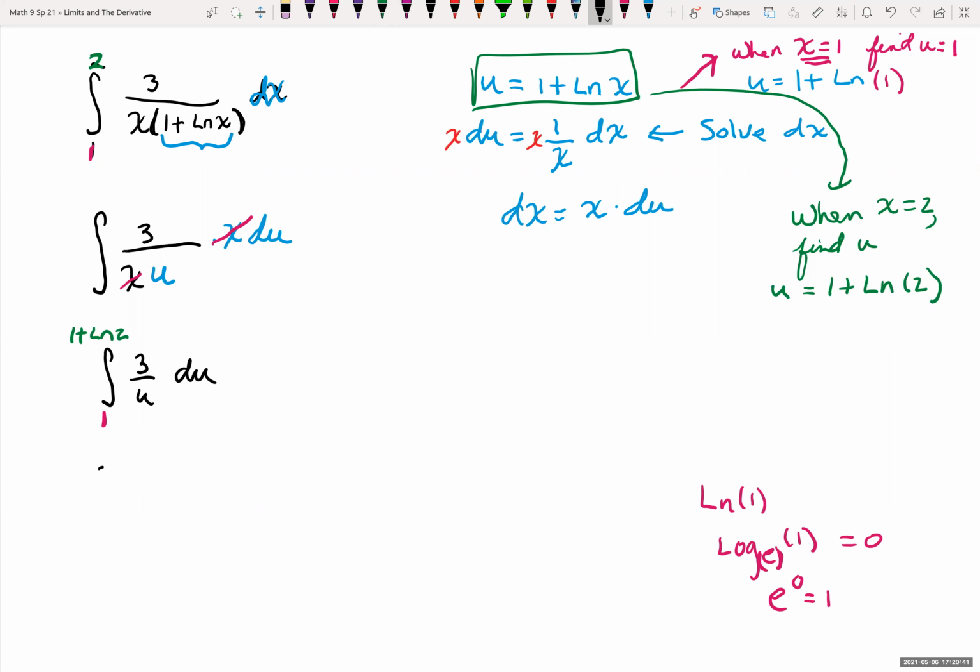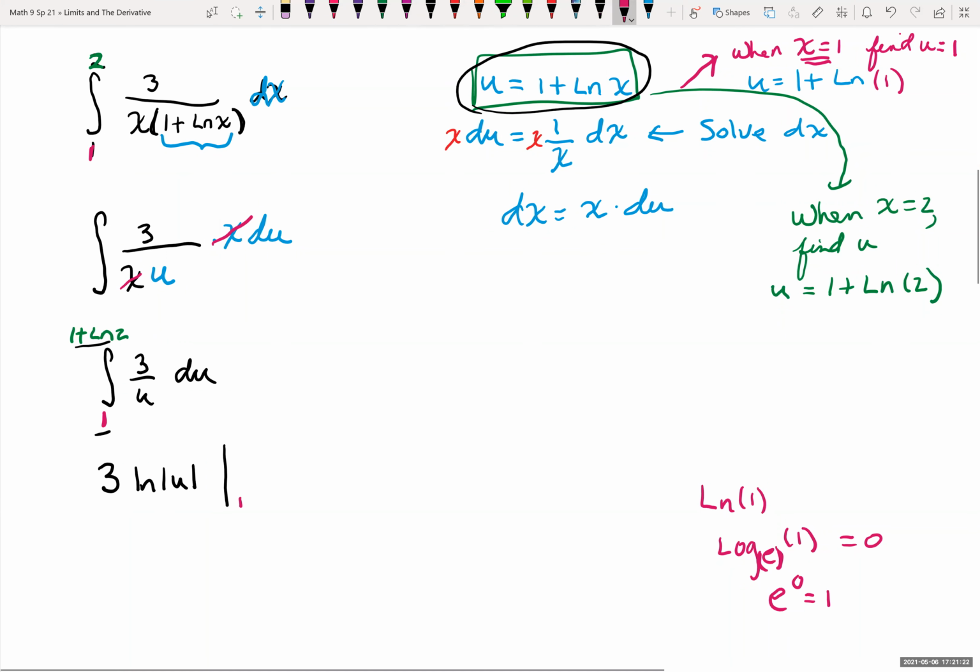Because I already changed these in terms of u, I don't have to worry about going back and substituting. So we're looking at this with the bounds from 1 to 1 plus the natural log of 2.